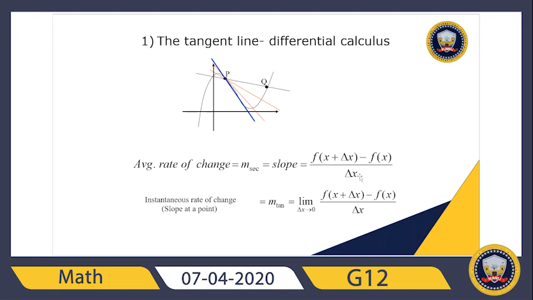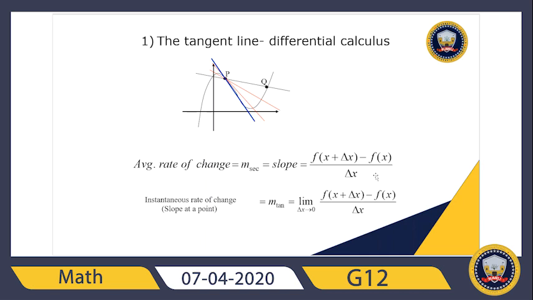And then we define the slope at this point as when this change goes to 0, or becomes very small. We call this the limit. So to find the slope of the tangent, which is the blue line at this point, we take the limit when delta x goes to 0 of the same expression.